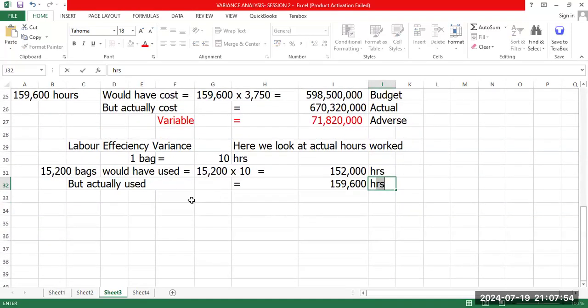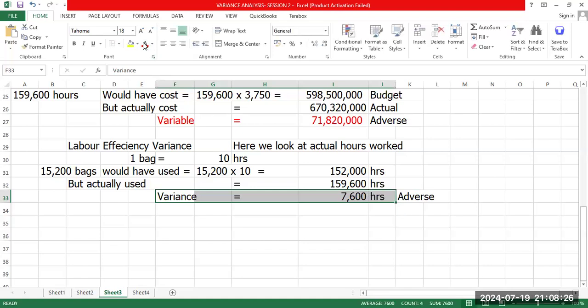Is this favorable to you as a company? So it means these guys are not so efficient in completing the assigned task. So this is adverse. Though we are saying the variance is adverse.